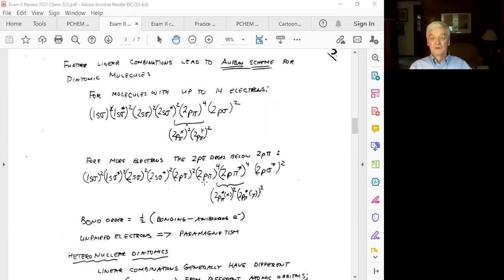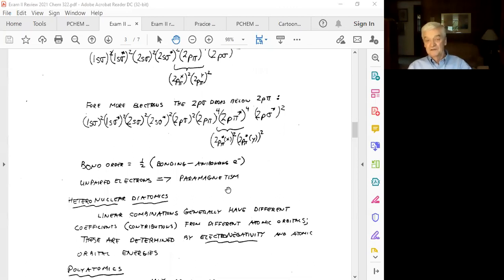And keep in mind always when we do the 2p pi orbitals, we can write 4 there for the 2 orbitals. But we should always remember that there's an x component and a y component, whether we're talking about the bonding orbitals, as in this case, or the antibonding orbitals, as we have here.